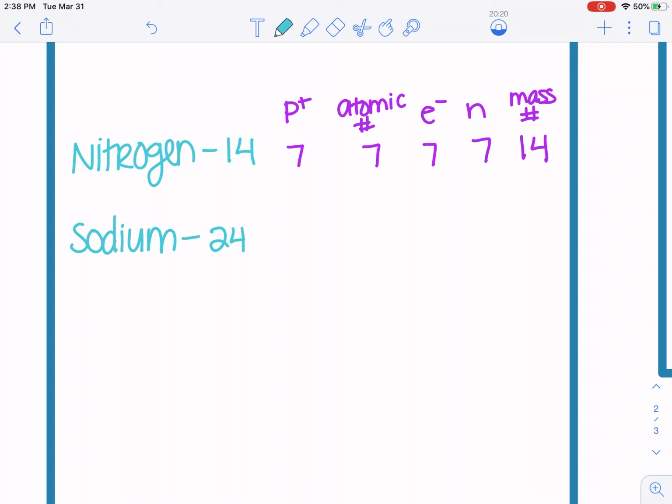We see that sodium, whose symbol is Na, is 11 on the periodic table. The atomic number, the protons, and the electrons are all equal. The mass number is 24 because it is given. And to find the number of neutrons, we will subtract 24 minus 11, which is 13.